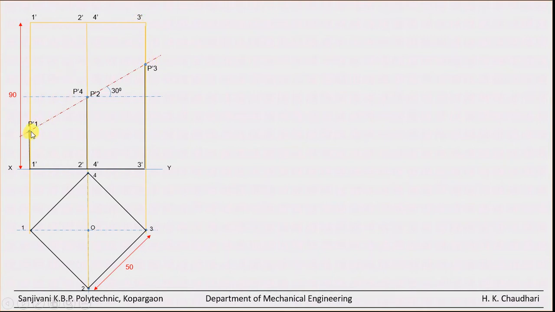So we can observe only the thick edges, this P-1 to 1 dash, then P-2 to 2 dash, this P-3 to 3 dash. These vertical thick lines represent the edges and this bottom thick line.